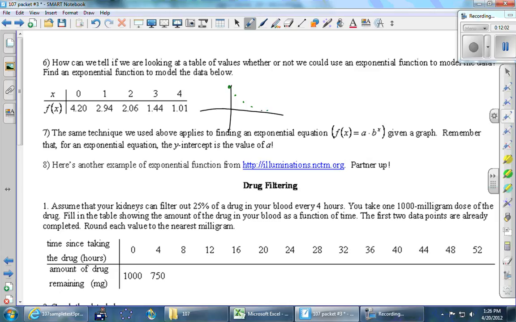So we got a bunch of points. And the question is, is it exponential? Maybe it's an exponential. Is it an exponential growth or a decay if it's anything? It's got to be a decay. So are you looking for a B that's bigger than 1 or less than 1? Less than 1. Okay. But the question is, how do we find it?